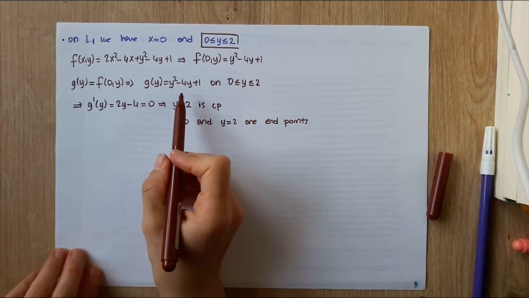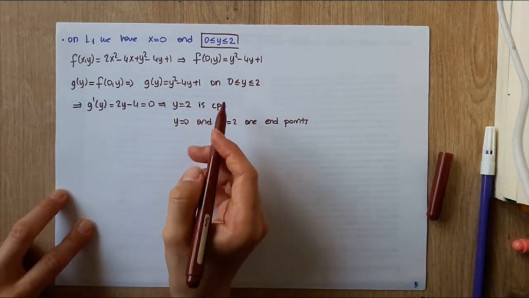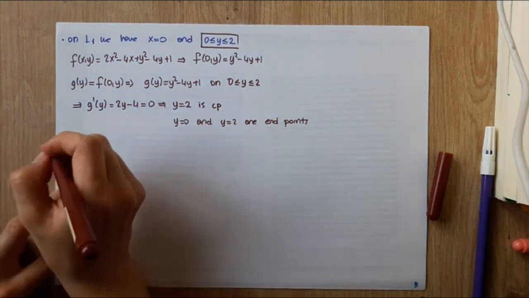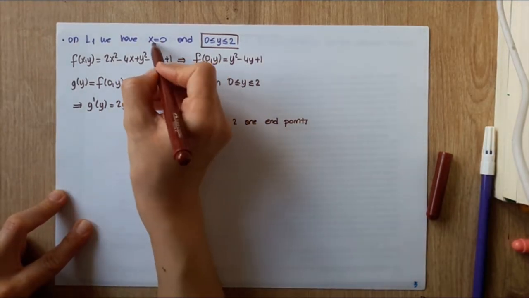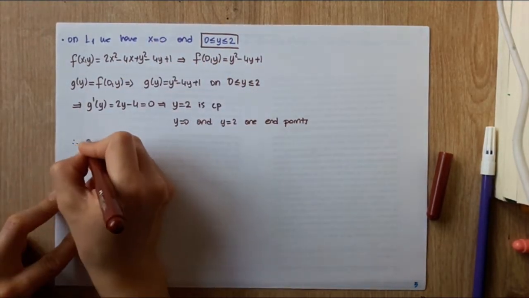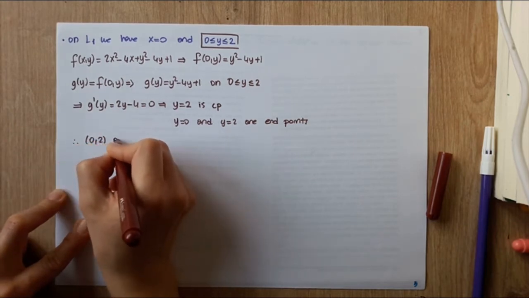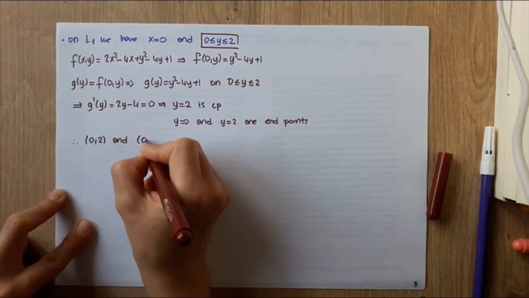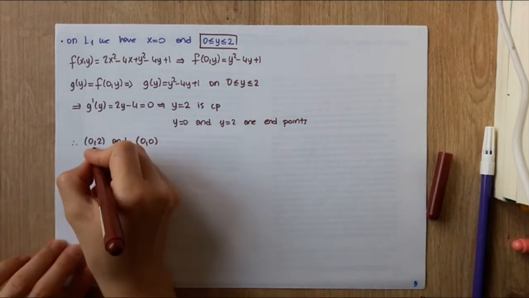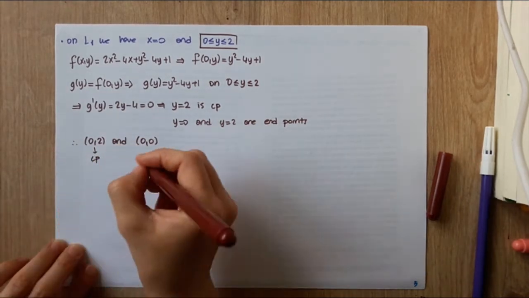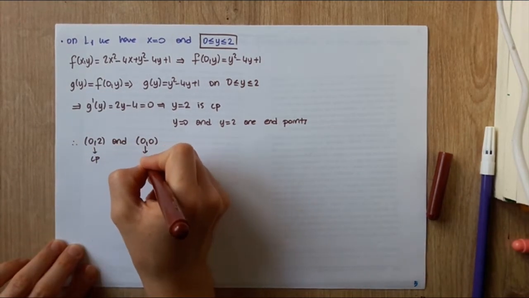So as you can see, we have two different points. Okay, so I will write it here. If y is 2, we have (0, 2), and (0, 0) should be analyzed for this boundary. So this is the critical point, and these are endpoints.